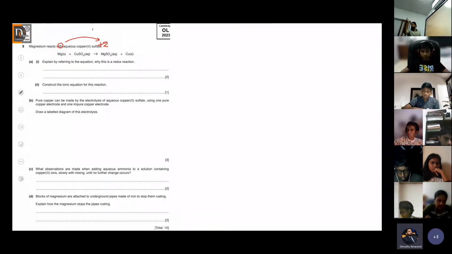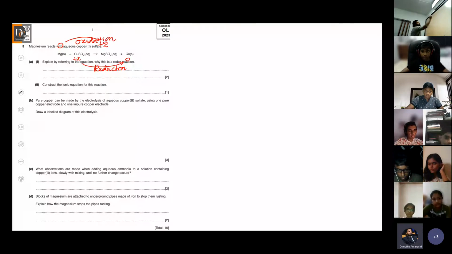Increase, then oxidation. Copper here it's 2 plus. Copper here is 0, an element is 0. Therefore, reduction. This is oxidation. So you can say magnesium has increased its oxidation state. Copper has reduced its oxidation state. So it's a redox reaction.